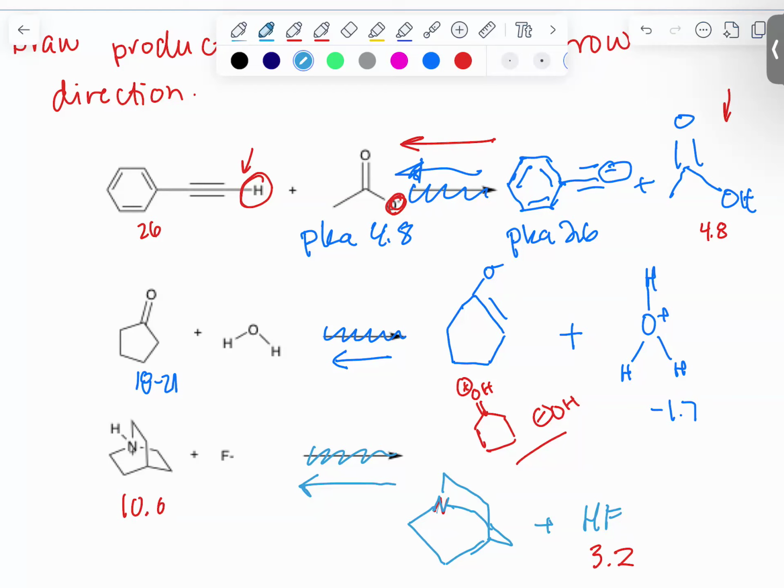Well, with this last one, only one of your molecules has protons. But with the other ones, if you did it this other way, you would write the other pKa.